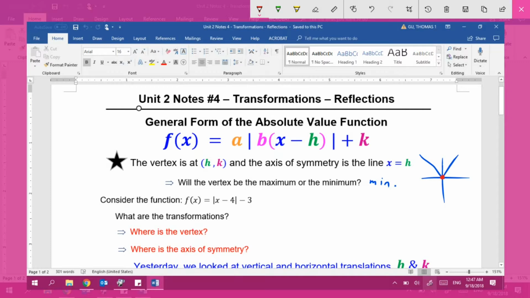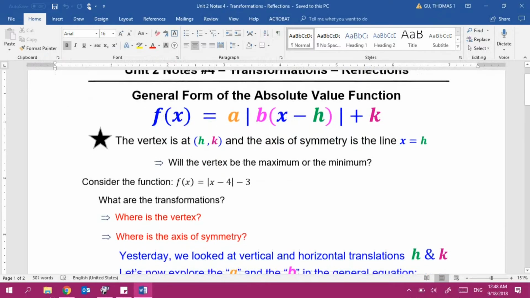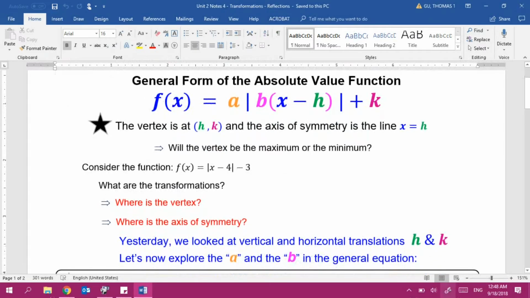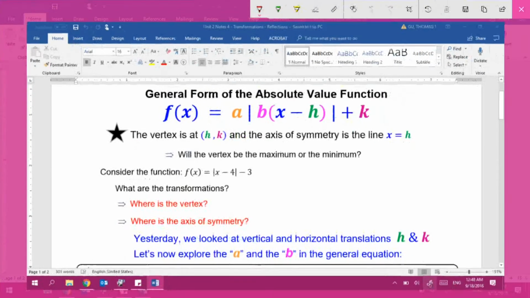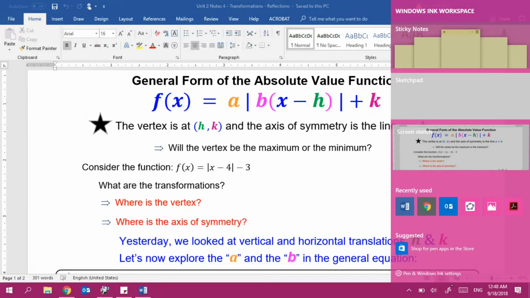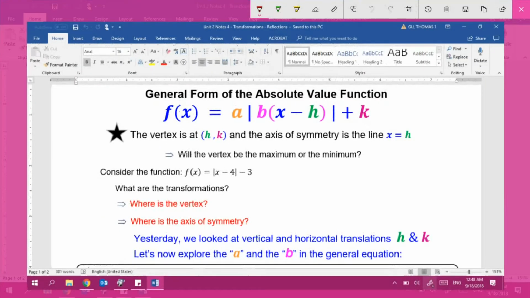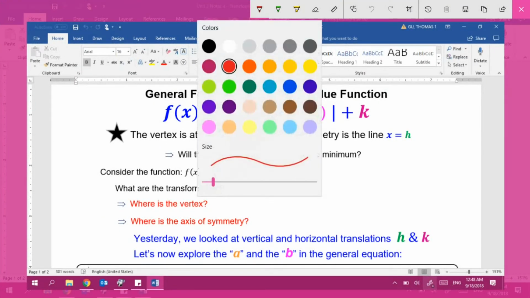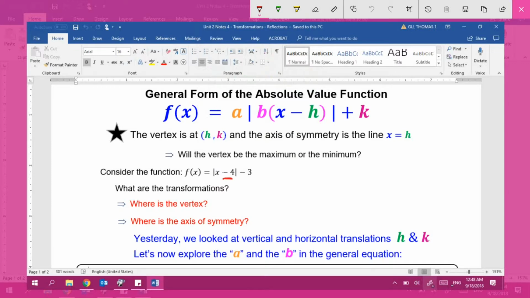Oh my goodness, yes. All right, so now look down here. Consider the function f of x equals the absolute value of x minus 4, close absolute value, minus 3. What are the transformations? Well, first I see that right here we've got the minus 4 on the inside of our operation, inside of our function, which means that's going to move our graph to the right 4 spaces.